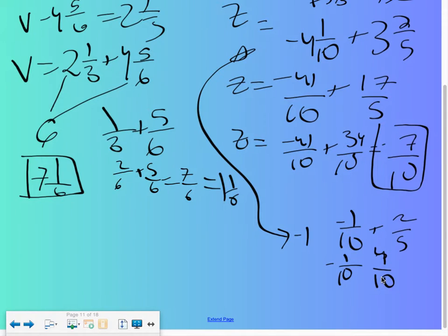So that is a positive 3/10. So now we have a negative 1 plus positive 3/10, or negative 7 over 10. All right, so you get the same answer. Use which way is easier for you, but remember when you're using the mixed number way and one of the numbers is negative, be careful on how you adjust at the end like this. All right, either way, you do get negative 7/10.